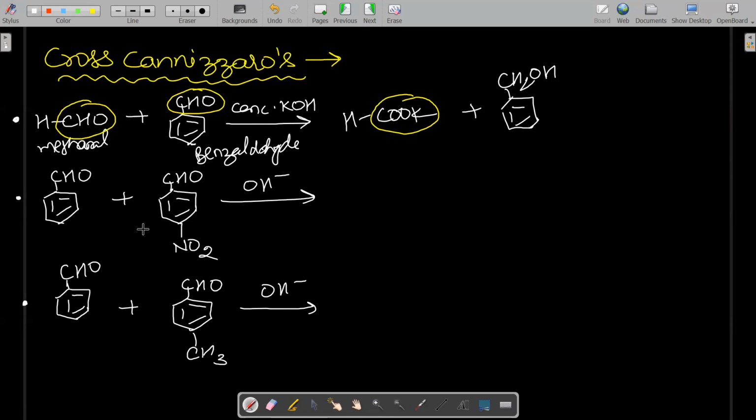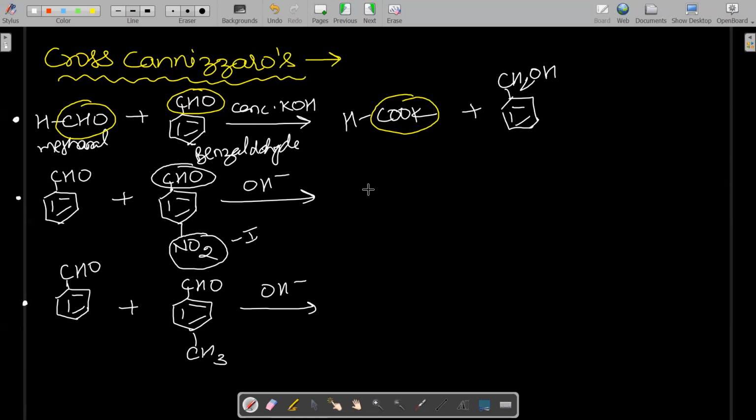Definitely that molecule gets oxidized, which one is again more reactive. Here in benzaldehyde, the nitro group is present, which shows a minus I effect, and due to the minus I effect, it is more reactive. So wherever the electron withdrawing group or minus I effect is present, that CHO gets oxidized, and another molecule gets reduced.